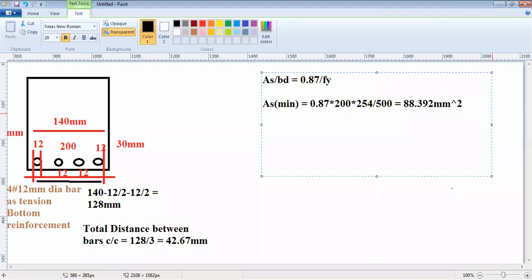So what have we provided? What is As maximum? Area of steel maximum?